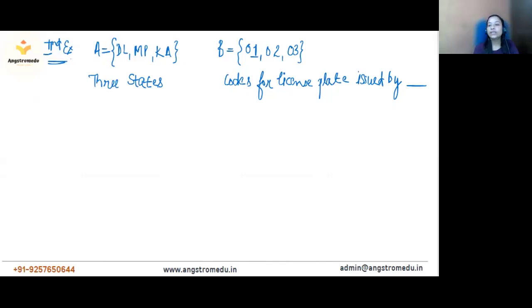It cannot begin with any other number. So the available pairs will look something like this. Like Delhi will be 1%.